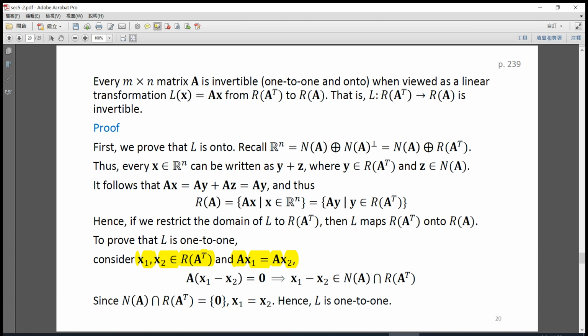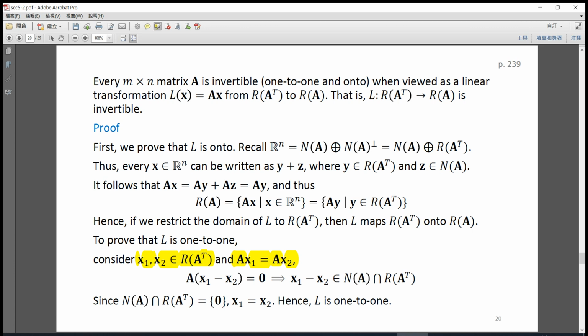Note that we only need to consider x1, x2 in the column space of A transpose because we have restricted the domain to R(A transpose).